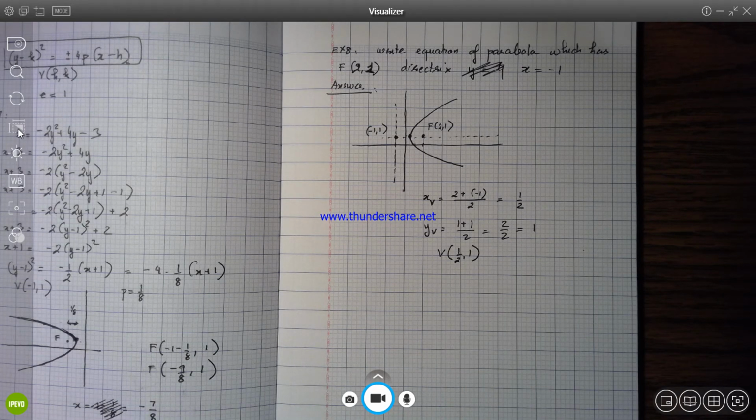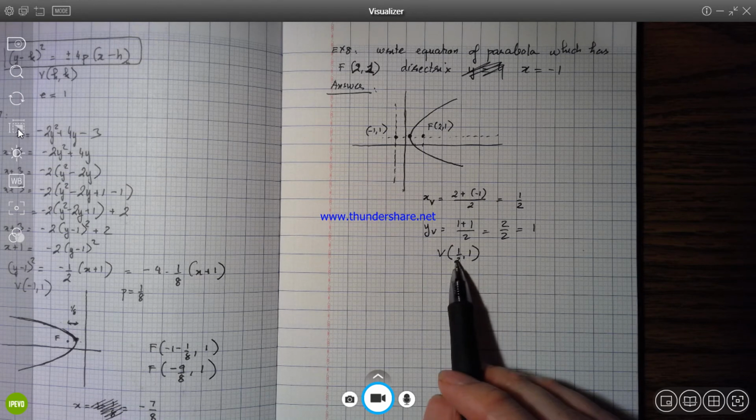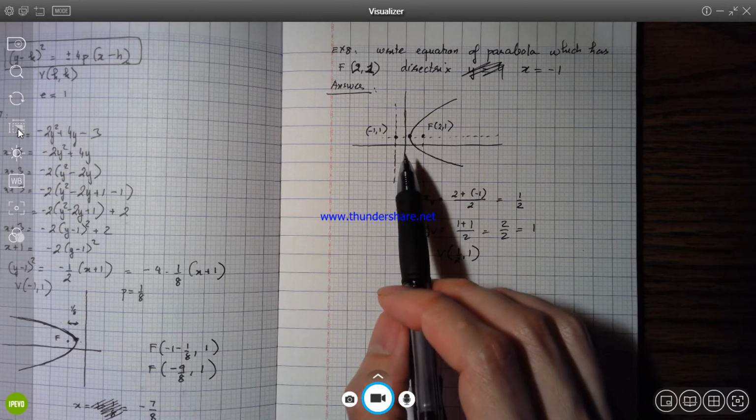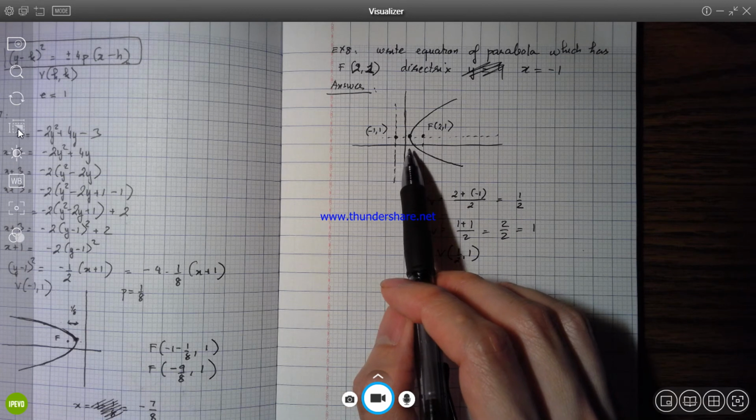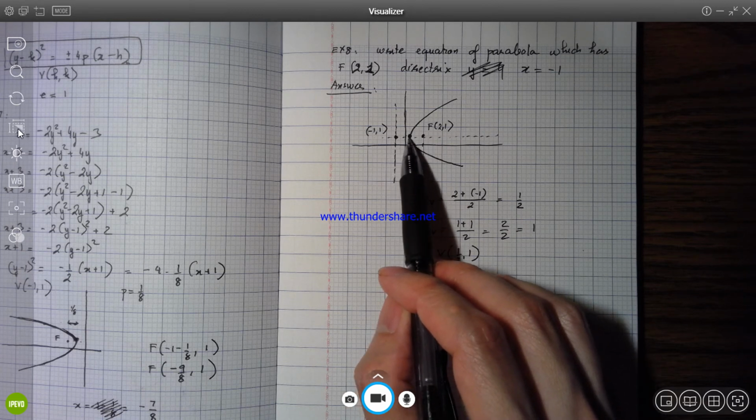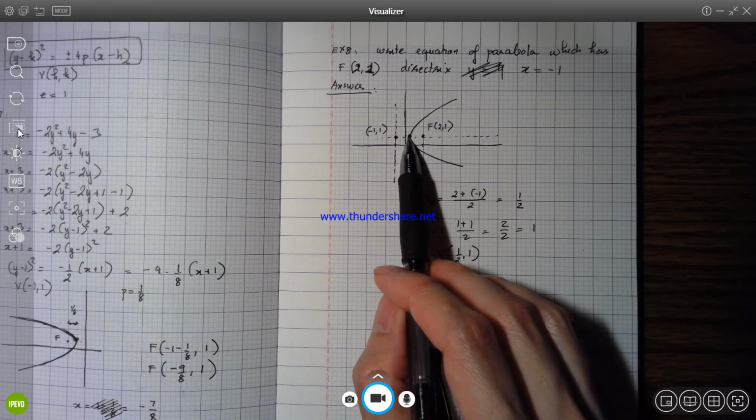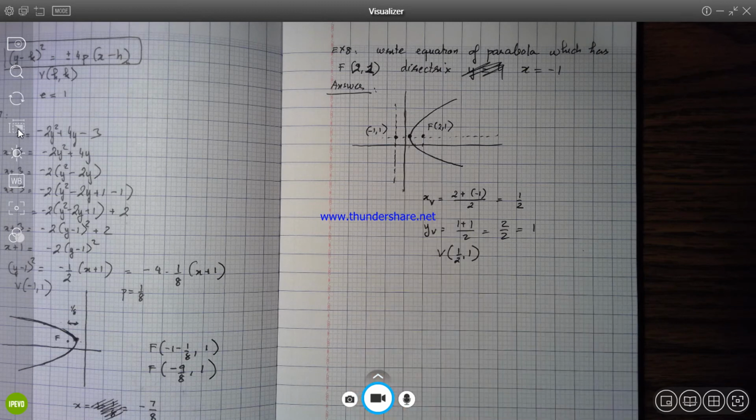On the test you have to show me this. If you graph it carefully, you can guess the coordinate, 1/2 and 1, but I want to see the work, so I can write the coordinate of the vertex.